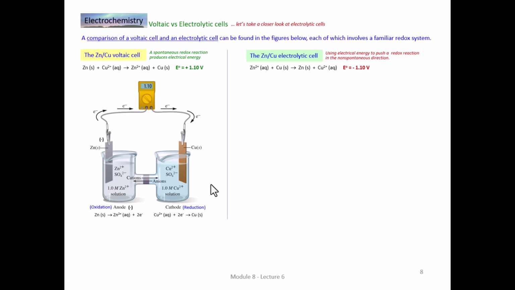We've now put the signs of the electrodes on here. So the anode in a voltaic cell would be the negative electrode, and the cathode would be the positive electrode, which makes some sense because the electrons would be flowing away from the negative electrode and toward the positive electrode.